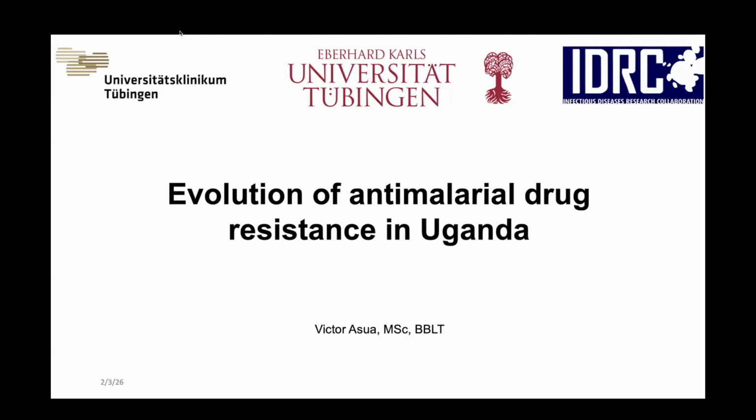I think these are two points, considering independent emergences versus a single emergence. At the moment, I think the question of single emergence is no longer a problem, because even if it was a single emergence, we now see it everywhere, because we have K13 mutations.